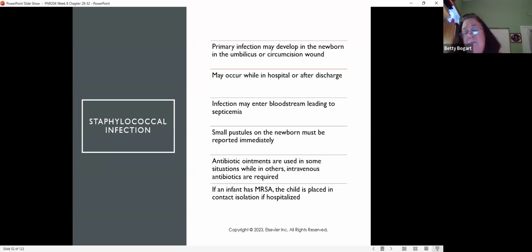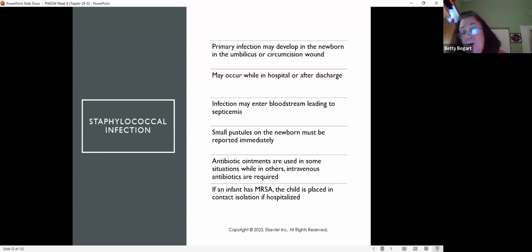Once you have staph in an area, it can go into the bloodstream and then it goes systemic, and that's septicemia. If you have an infant that has a little rash with pustules with pus in them that can burst, this is something that's probably staph. We need to tell the doctor so we can treat it.